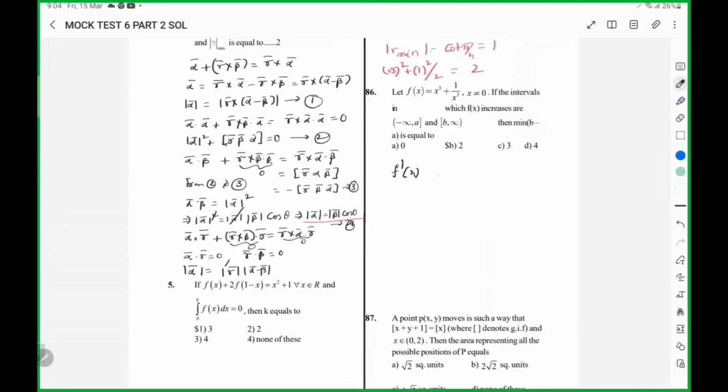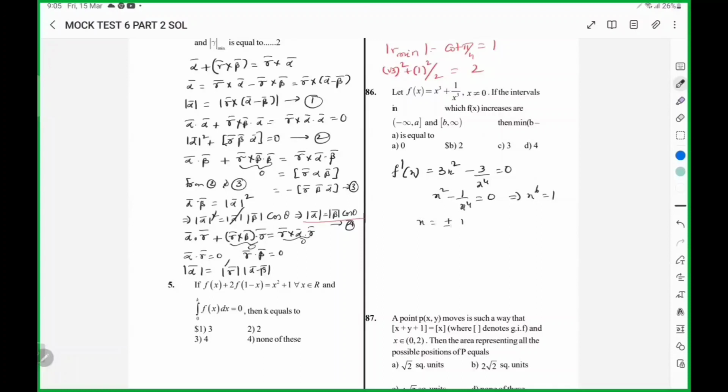Here f dash x will be minus 3 by x power 4, that is x square minus 1 by x power 4 is 0. So x power 6 is 1.